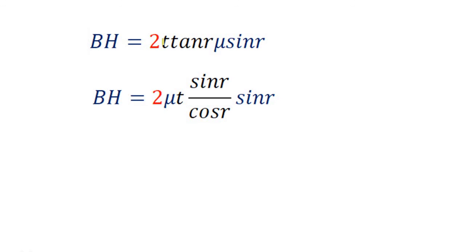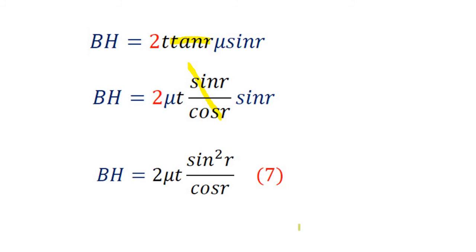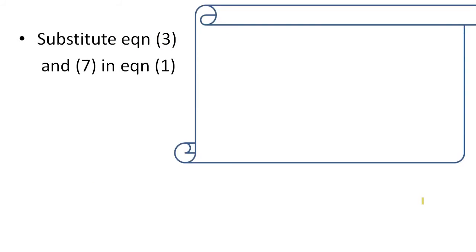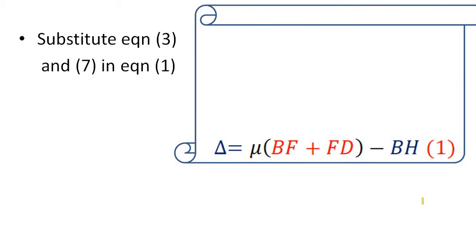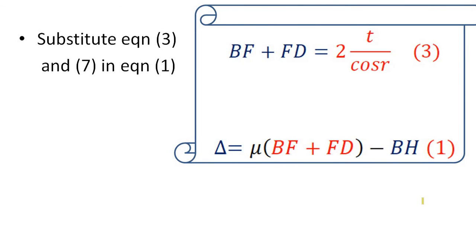What is tan R? Tan R is equal to sin R by cos R. So the equation can be written like this: BH is equal to 2 mu T sin square R by cos R. Substitute equation 3 and equation 7 in equation 1. This is equation 1, and this is equation 3.